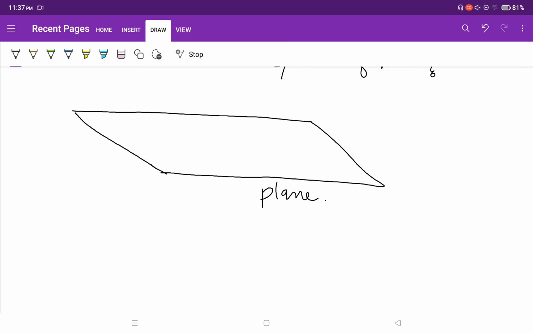So what we need is 3 points, right? We need 3 non-collinear points or 2 intersecting lines. We need either 2 intersecting lines or 3 non-collinear points A, B, C, or line L1 and line L2.